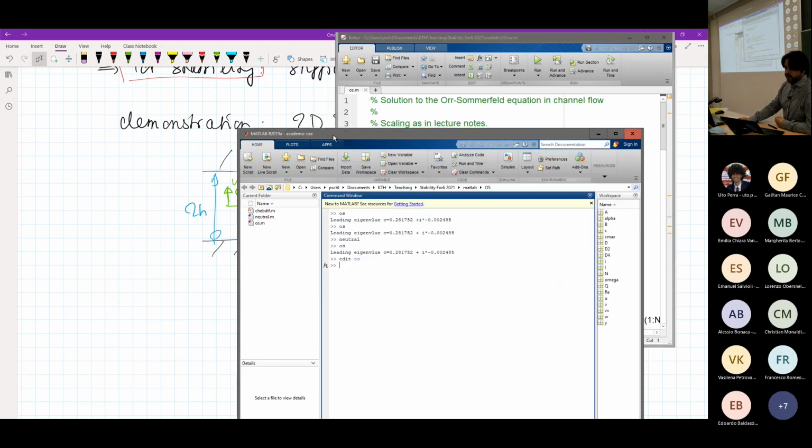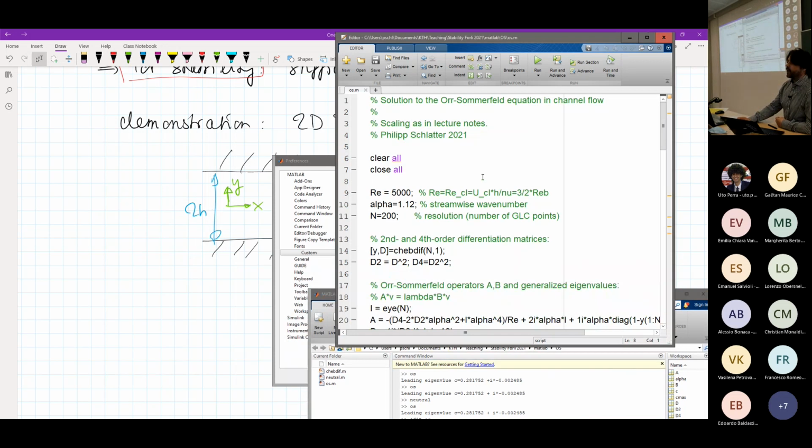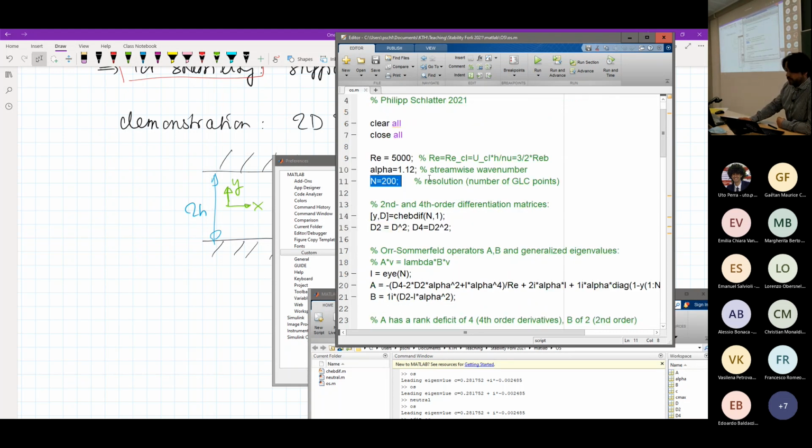So I did a very simple MATLAB routine, which I will also provide on the homepage, of course, and it does exactly what we now discussed. I set Reynolds, I set my streamwise wave number, and then I set also a parameter that relates to the resolution that I need to use.